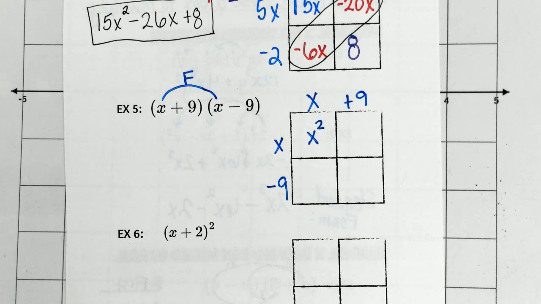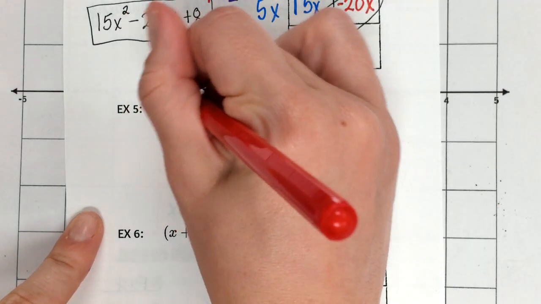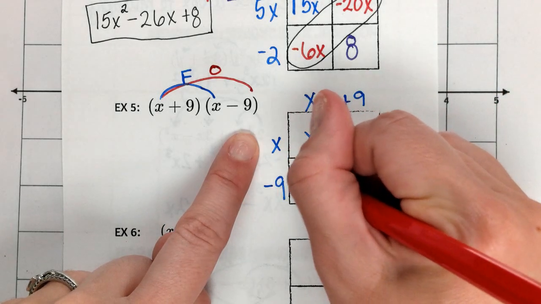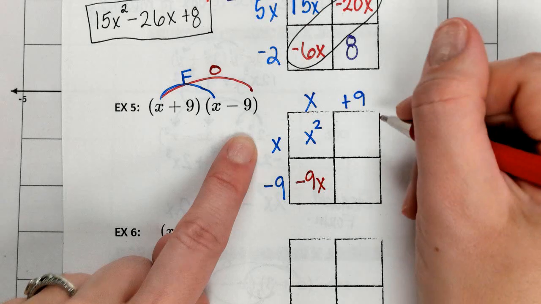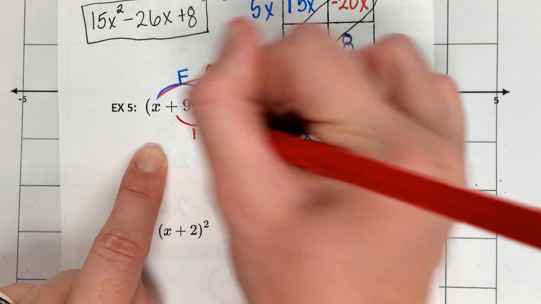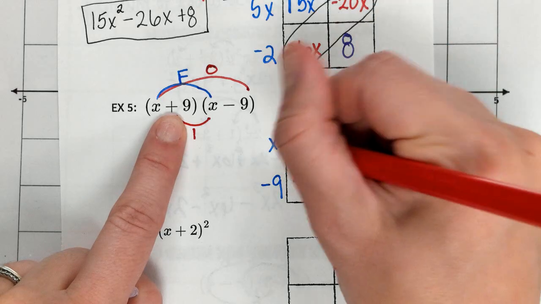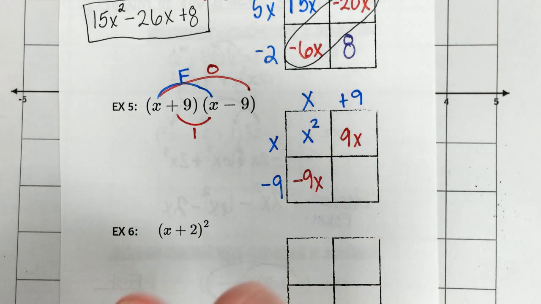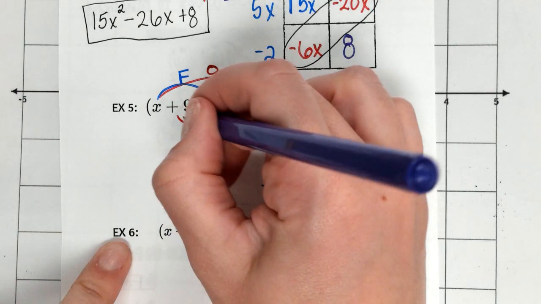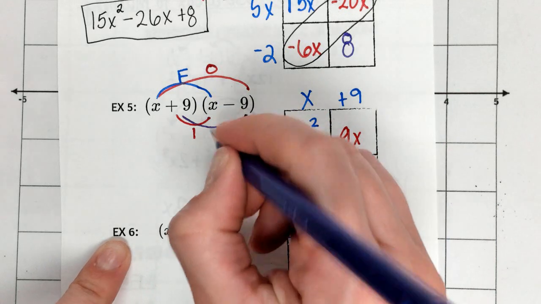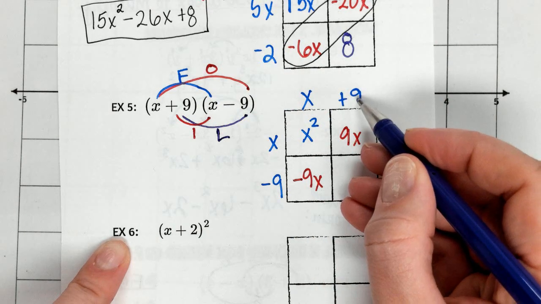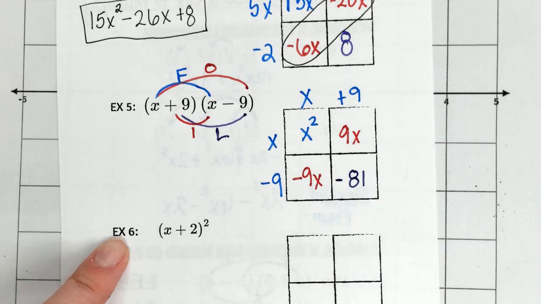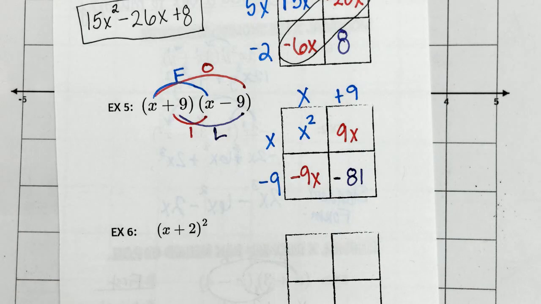And then the O in FOIL, the outer terms, x times -9 is -9x. The I in FOIL is the inside terms, so x times +9 is +9x. And our last terms, negative 9 times positive 9, that's negative 81.